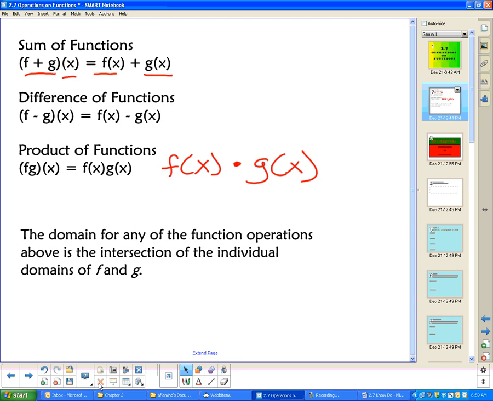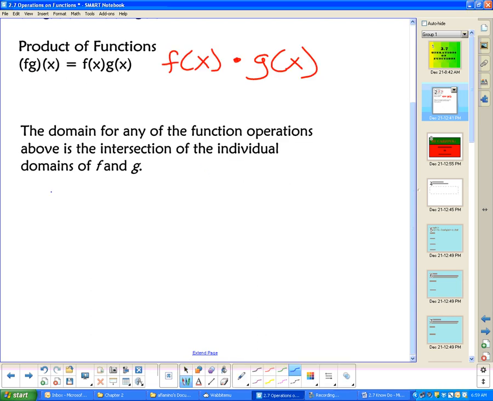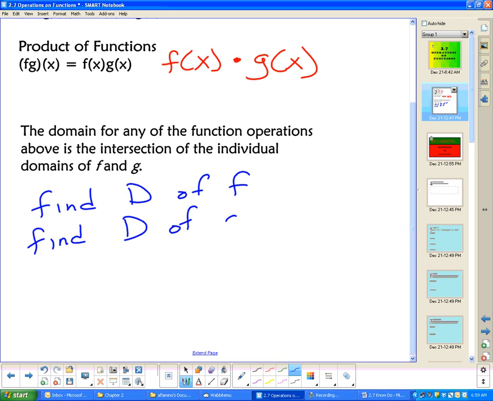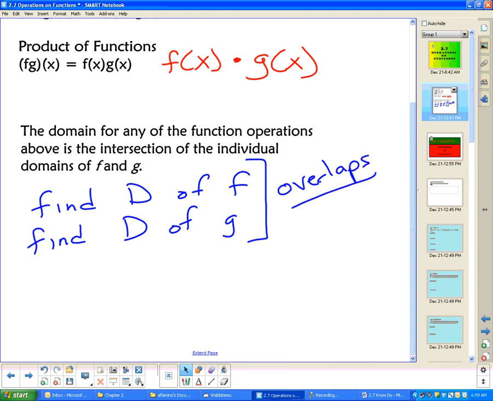And so all we would need to do is find the domain of f, then find the domain of g, and you would see where they intersect. Remember, intersect is basically the overlap of those two individual domains. So that will probably be the new part of this for you.